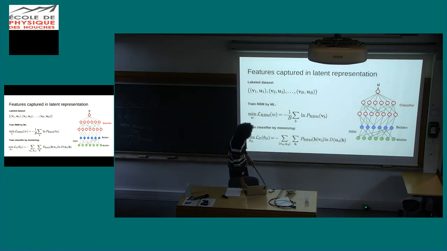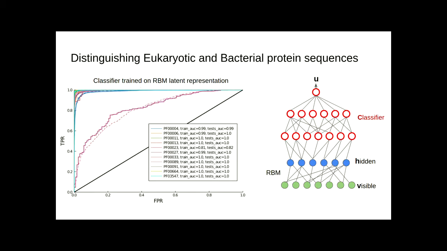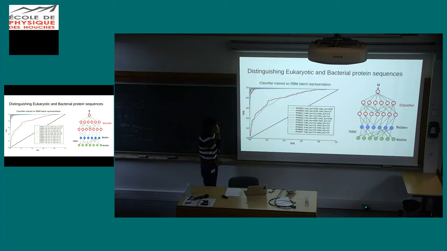Okay. So as an example, one of the simplest questions one can ask for a protein is whether it is of eukaryotic or bacterial origin. So here are a bunch of protein families selected simply because they have similar and large amounts of bacterial and eukaryotic sequences.